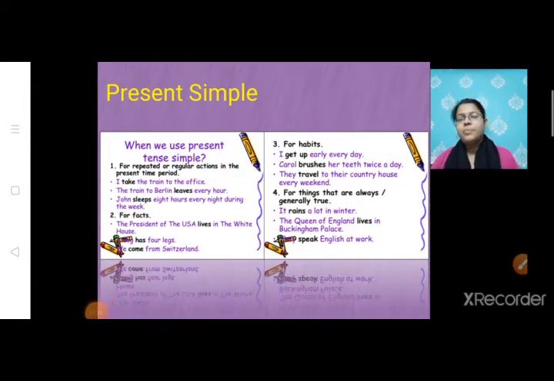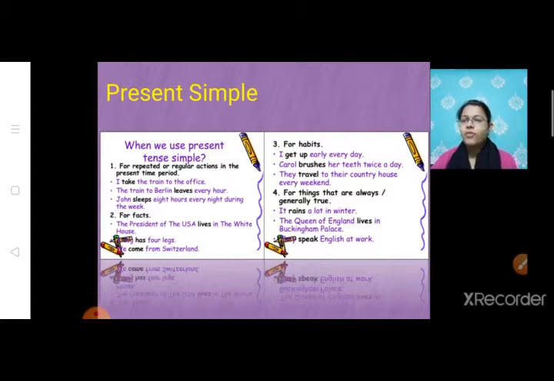Then we use present tense for facts. The president of the USA lives in the White House. So here it's a fact, it's a universal truth. We don't have to argue about it, and over there we are going to use present tense. A dog has 4 legs.